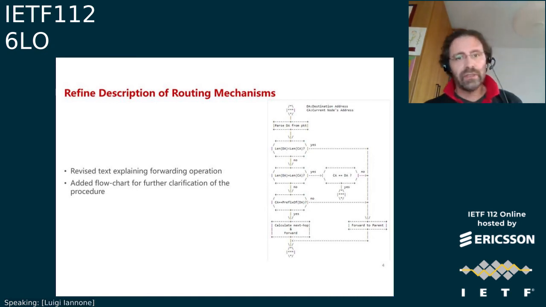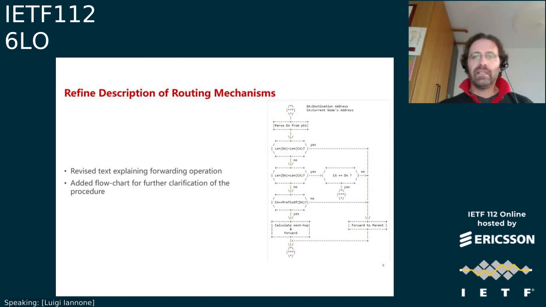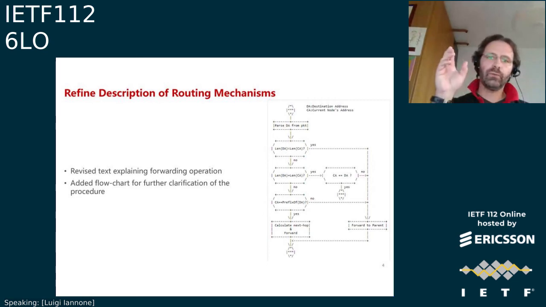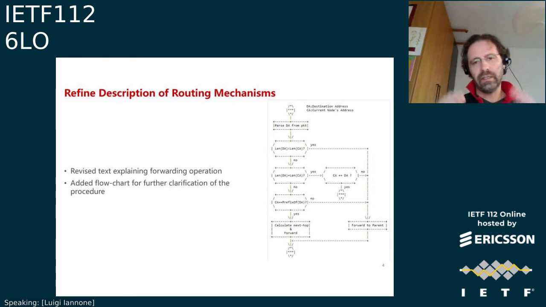We also refined the description of the routing mechanism, because depending on how the addressing allocation is done, we have a very simple way to do the forwarding, because we basically look at the length of the address and we take a decision. So if the address is shorter, it means I have to send it up in the hierarchy of the tree that we are building.